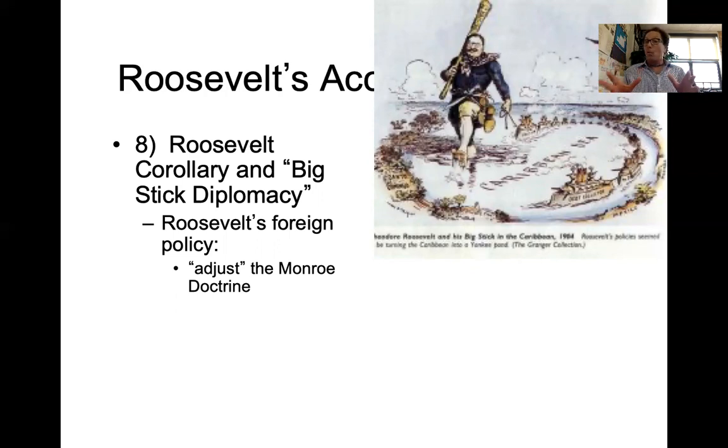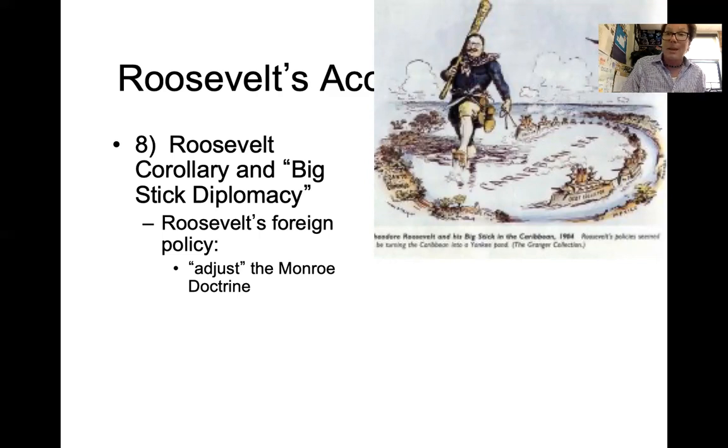And basically it was a warning. The Monroe Doctrine basically told the European powers, the French and especially the Spanish, to stay out of Latin America. This was in our area, our sphere of influence, and not to get involved. What Roosevelt's going to do is he's going to alter or adjust the Monroe Doctrine.